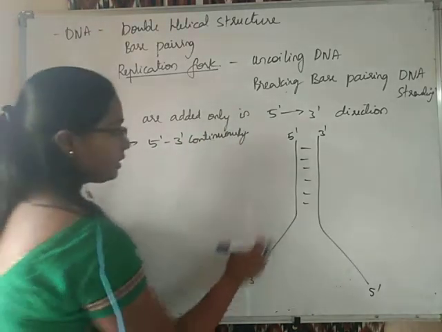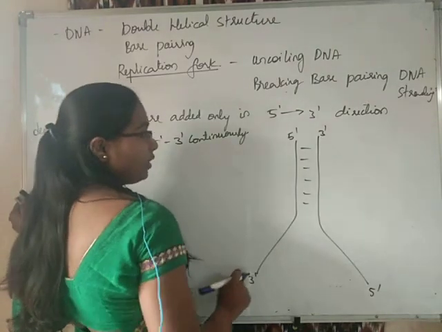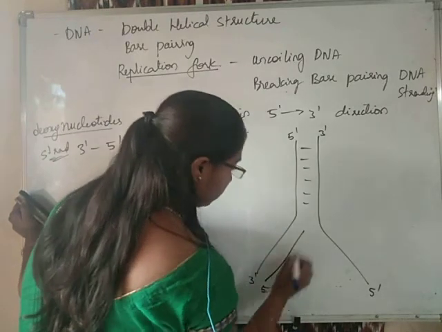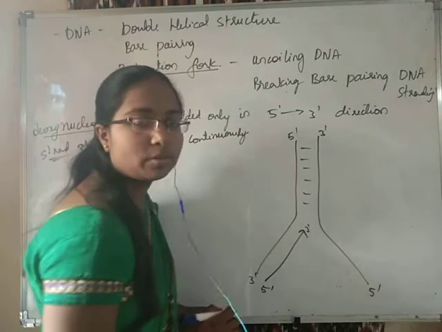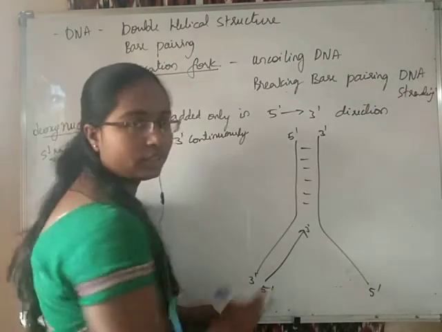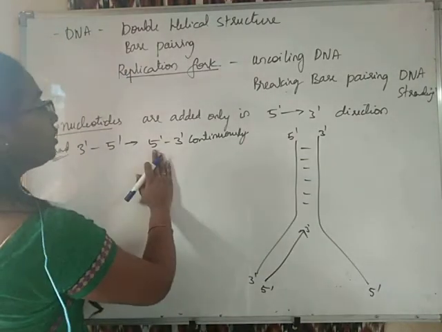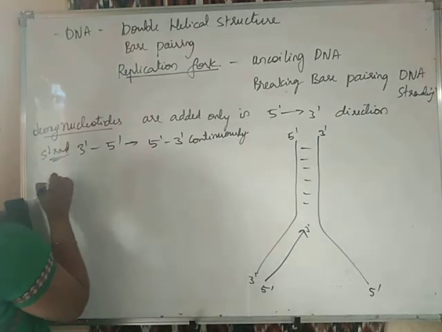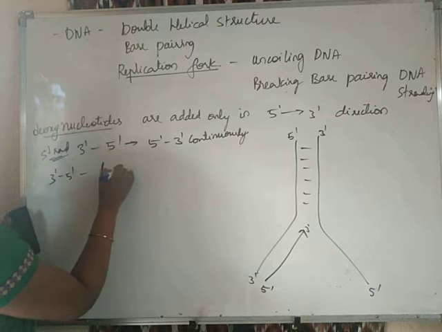For example, see this strand is in 3 to 5 direction. Nucleotides will be added like this from 5 to 3 direction, continuously. So, the strand which is in 3 to 5 direction, continuous nucleotides are added in 5 to 3 direction. This strand which is in 3 to 5 direction is said to be a leading strand.